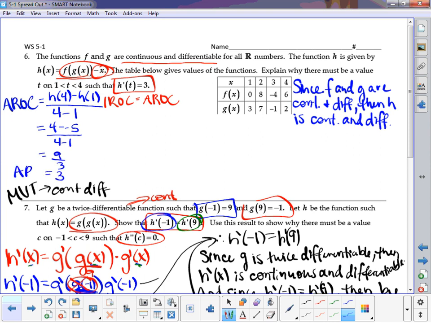So our AROC is indeed 3. If my average rate of change is 3, by the mean value theorem, my instantaneous rate of change, the derivative, must also be 3. So now we just need to state that.